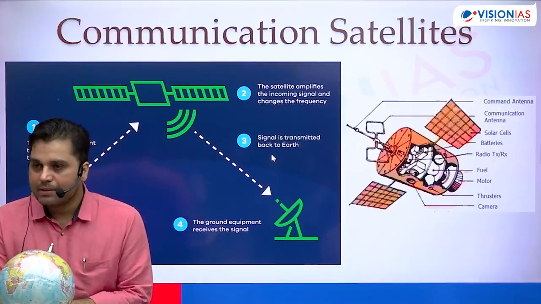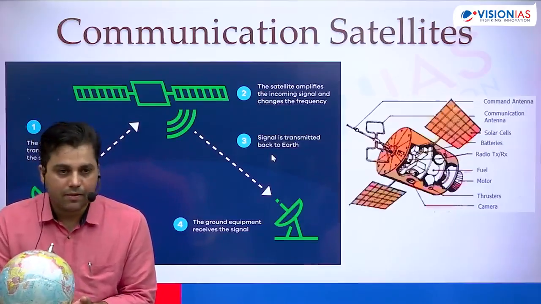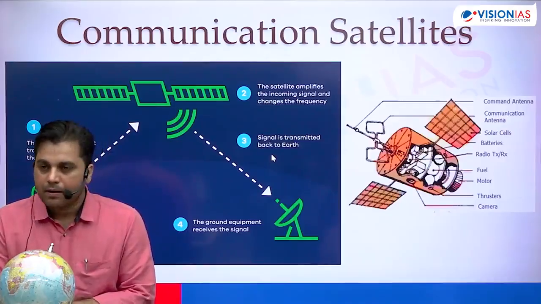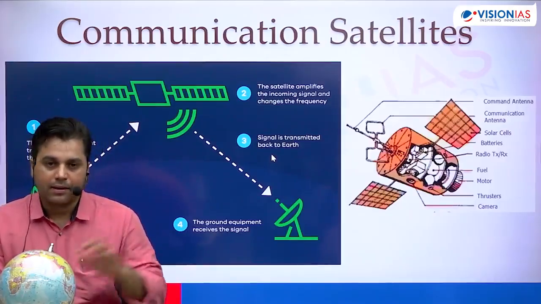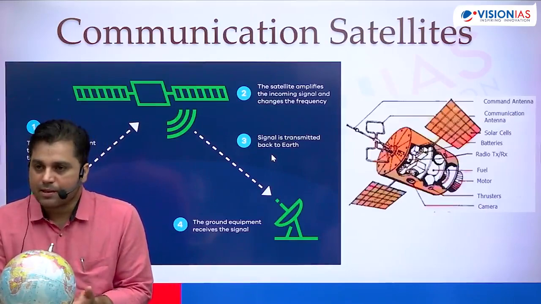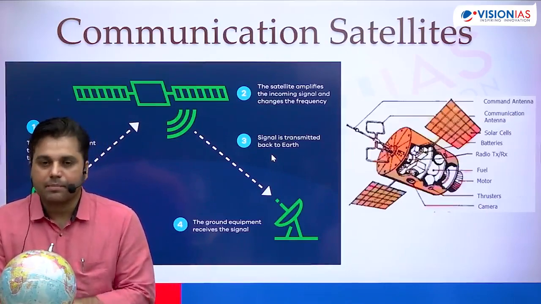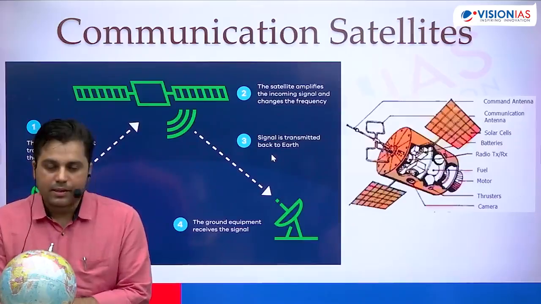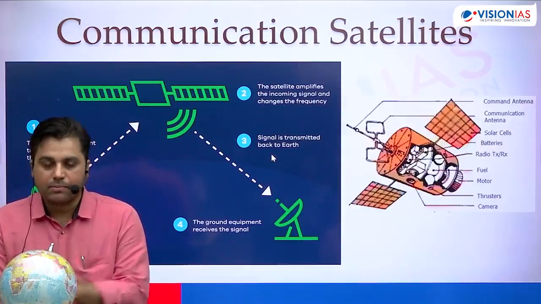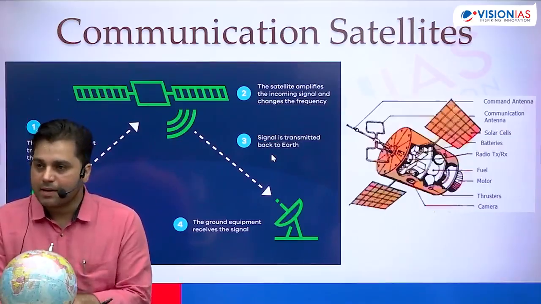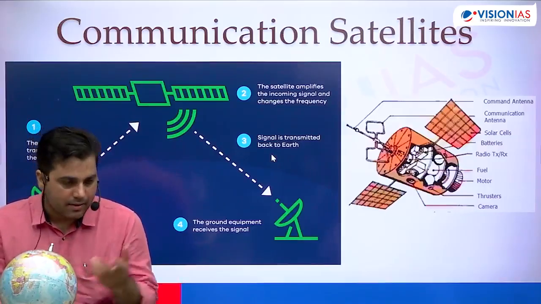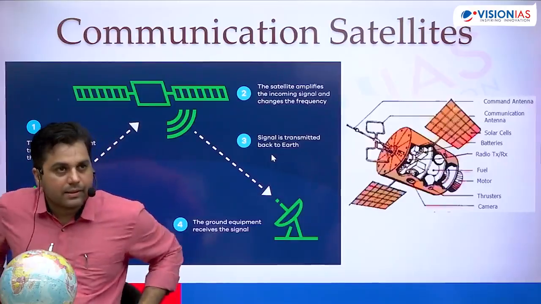So how communication exactly functions, what is the role of radio waves here, all of that we will discuss in great detail in ICT. Right now, I simply want to highlight a few things: what is the purpose, where is it launched, and most importantly, in all the areas we can use communication satellites. Write down a few things here.